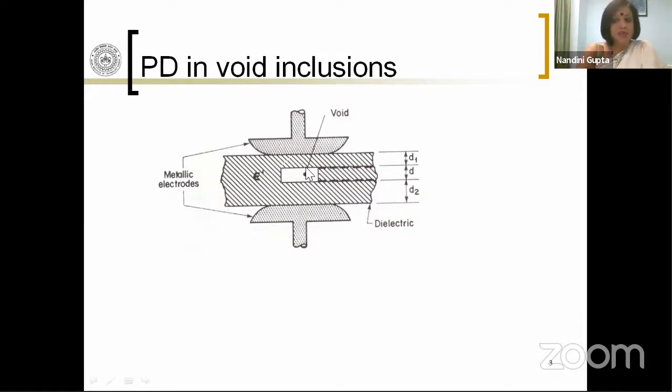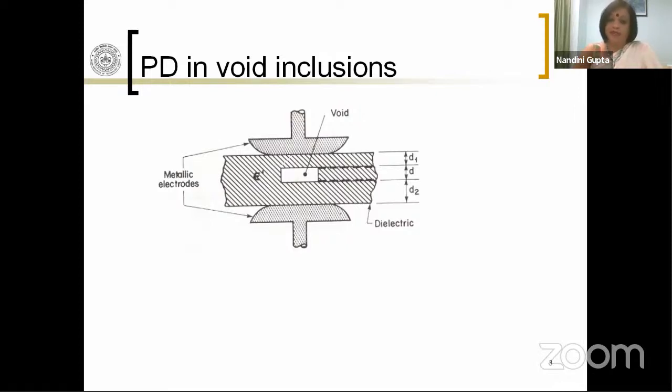material and will reach the dielectric void interface, and there would be charges deposited here. So there will be charges on the top surface of the void, and on the bottom surface of the void, and in an ideal situation, no charges flowing in the void till breakdown happens.